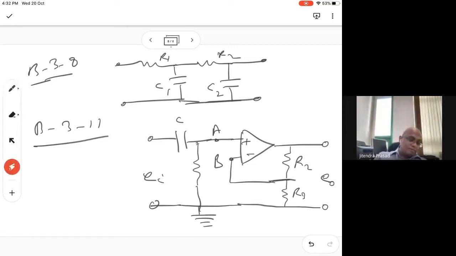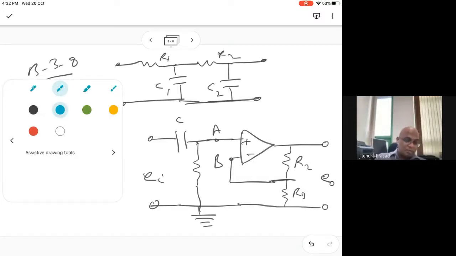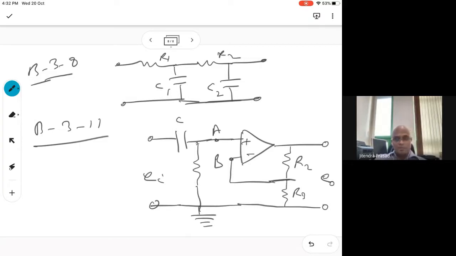Okay, so there are shortcuts also. If you want to solve this kind of question, op-amp questions are very easy, in fact. So first off, you see that this is 0, right? So this is grounded, so 0, and this is E naught, right? If this is E naught, then what will be the value here?